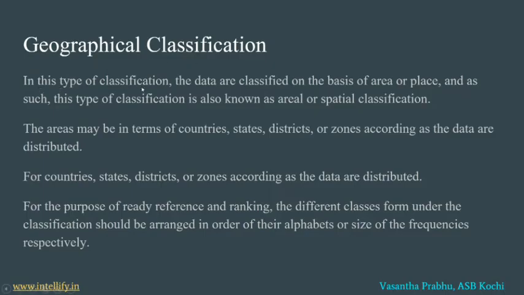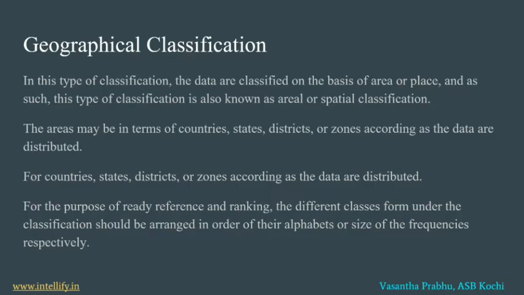In this type of classification, the data are classified on the basis of area or places, and as such this type of classification is also known as aerial or spatial classification. So it is similar to classifying based on areas.